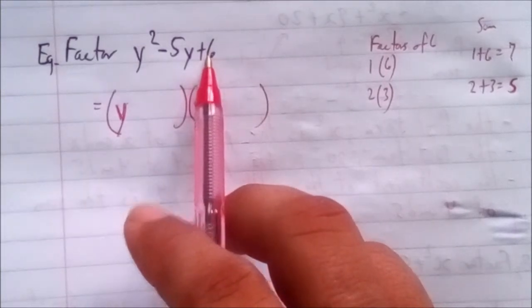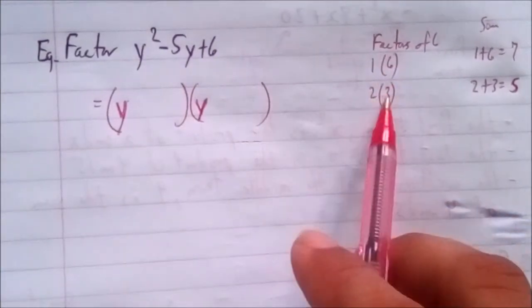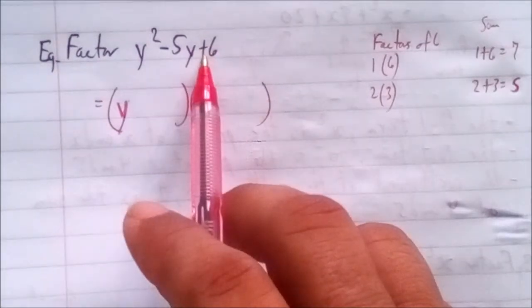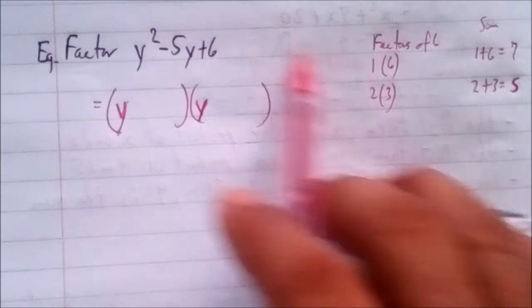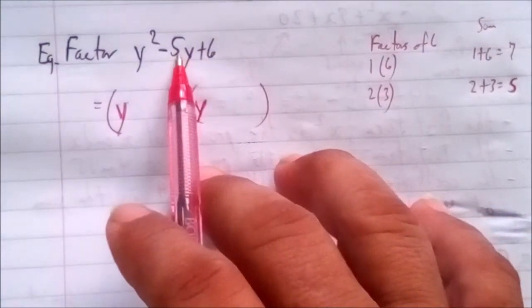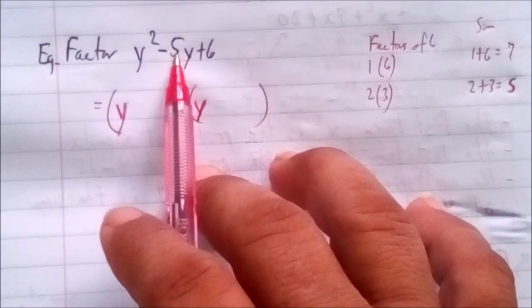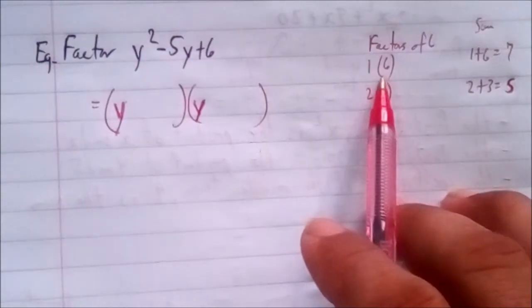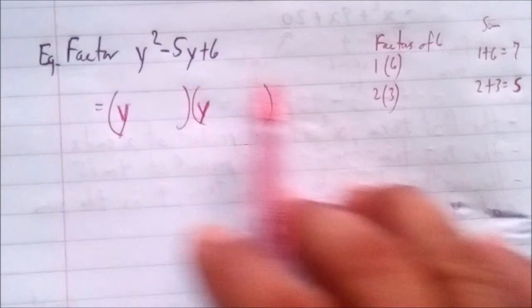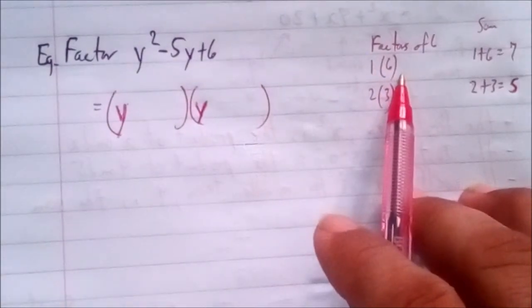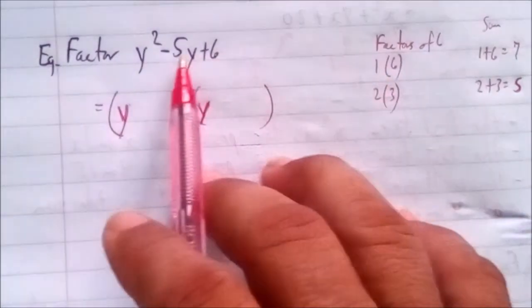This you could get by saying 1 times 6 or 2 times 3. That will give us 6. However, 1 plus 6 will not give us the middle term, which is negative 5. And if you had said here 6 minus 1, that's going to give us a positive 5. But if I say 1 minus 6, I now end up with a negative 5.